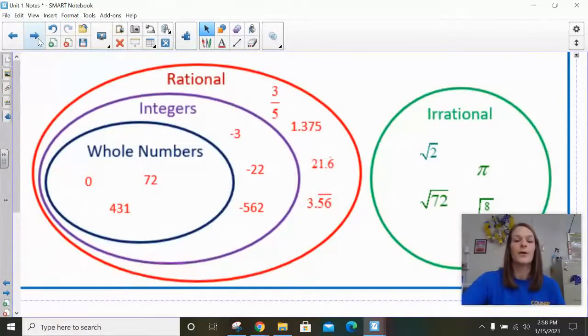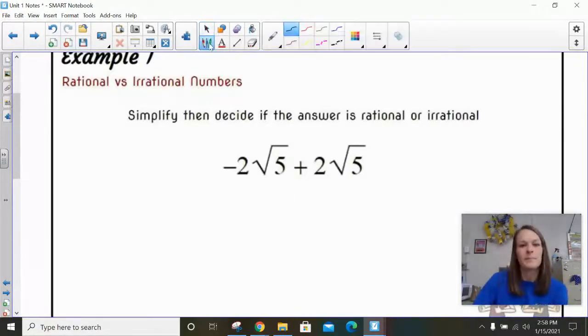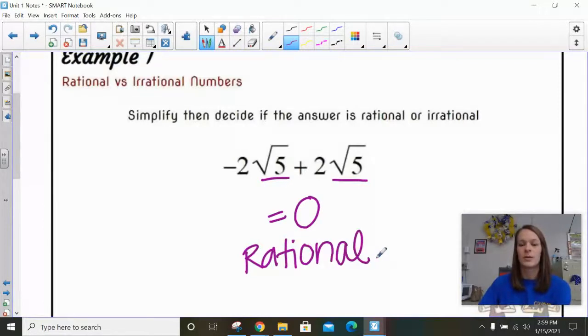Let's go through a few examples of what you will actually see. Here it says to simplify and then decide if it's rational or irrational. They both have square root 5s, so I can add the numbers in the front together. -2 plus 2 is 0, so these just cancel out. This equals 0, and 0 is a whole number, which is a rational number.